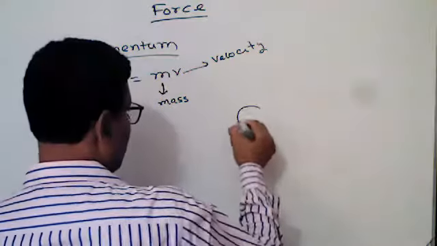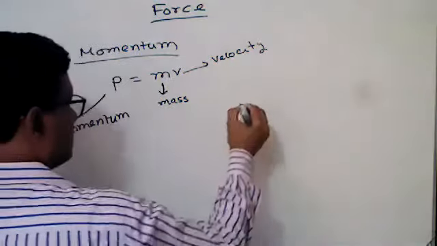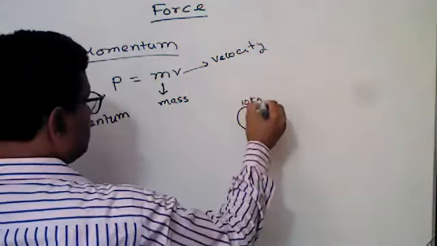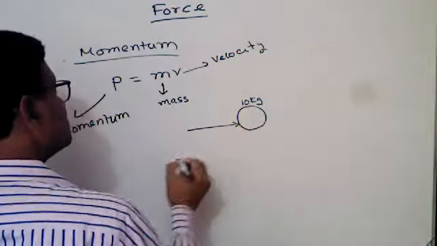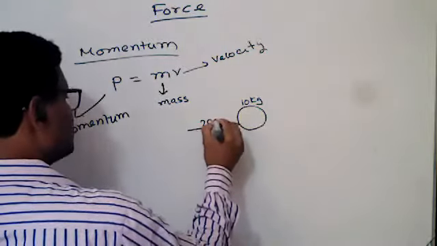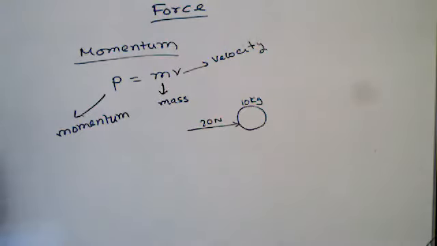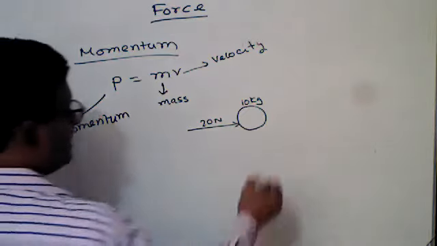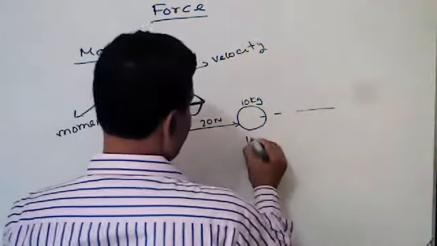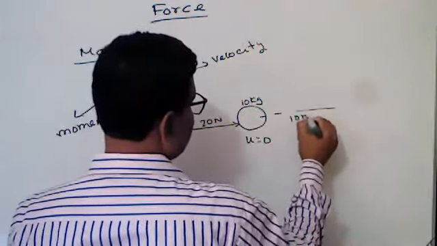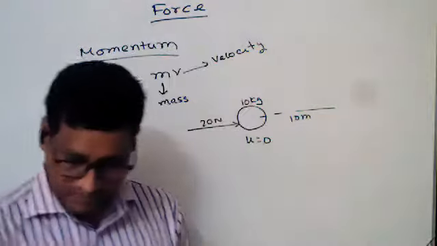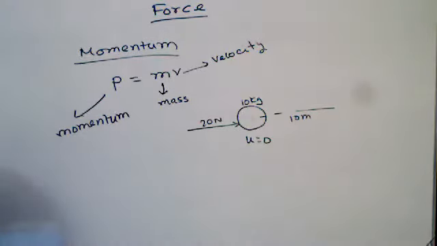Suppose here is an object. The mass of the object is 10 kilogram, and suppose 20 Newton force is applied on this object from rest, u equals 0. After traveling 10 meter distance, what will be the momentum?